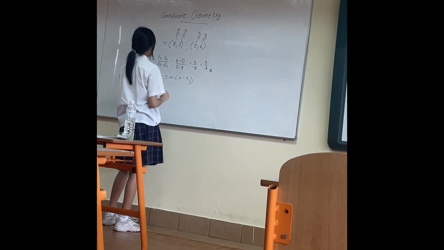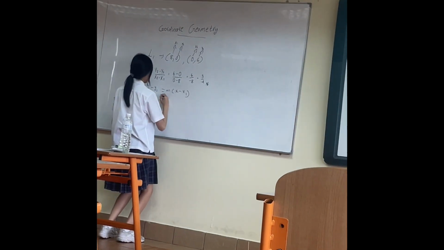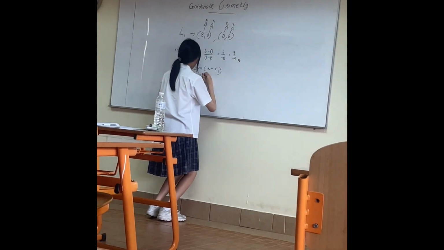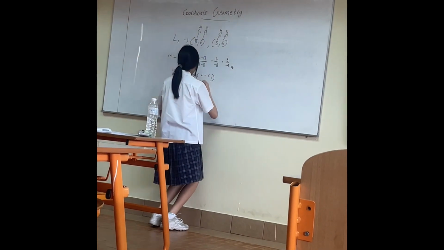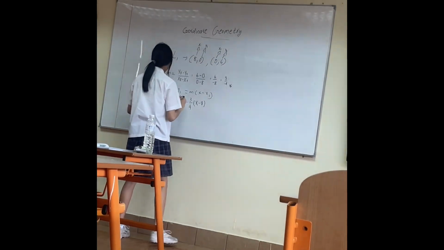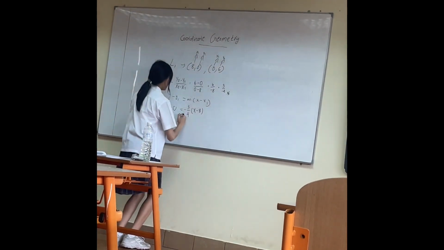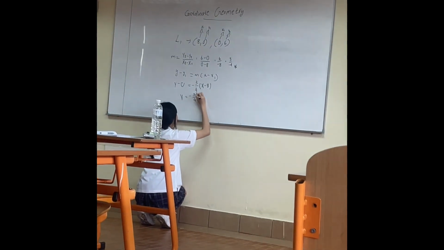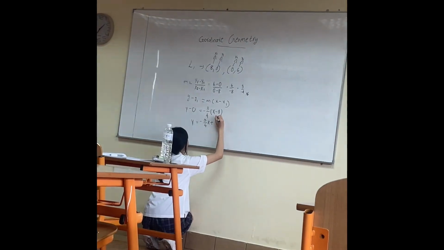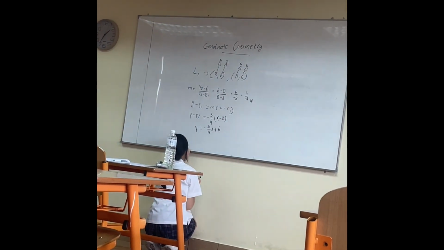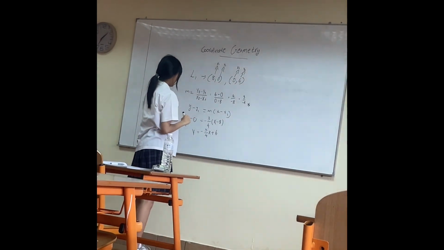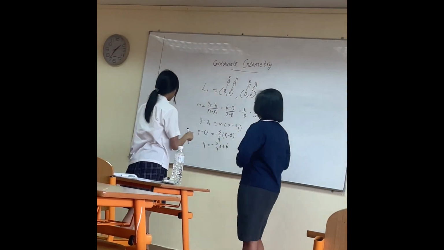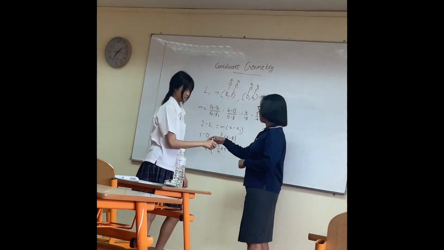So y minus y1, which would be the point? Yes. 3 and 8, 24 over 4, 6. Okay, very good.